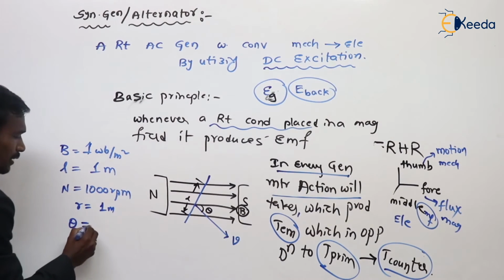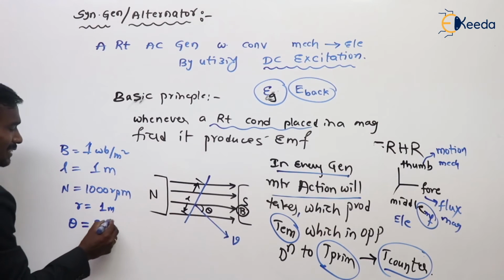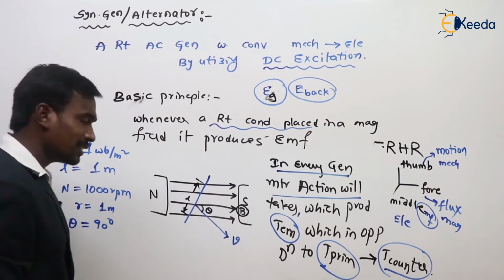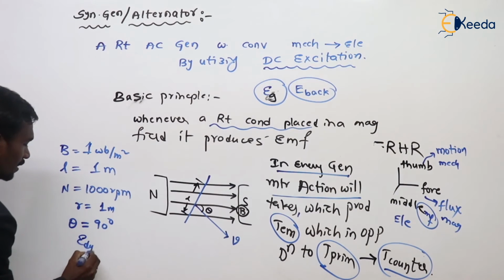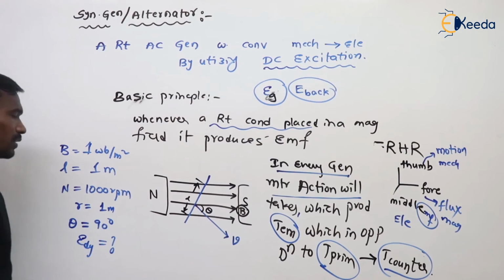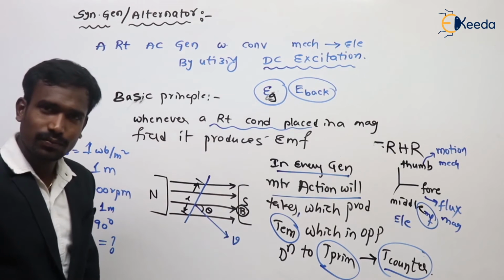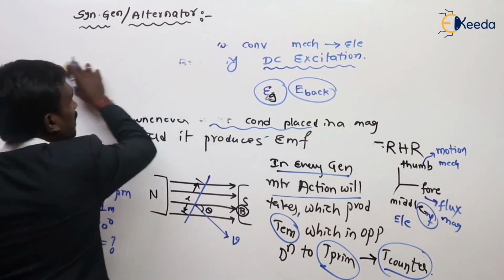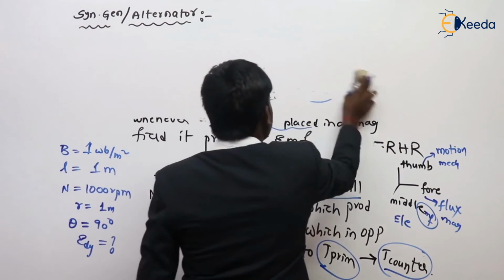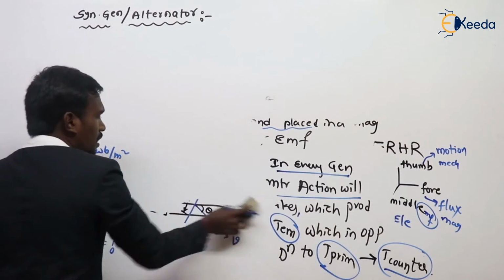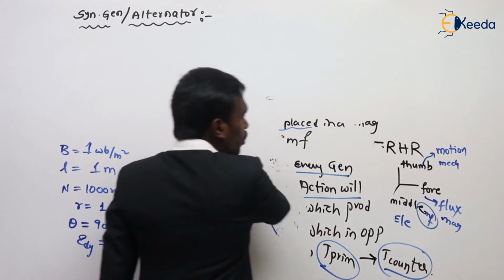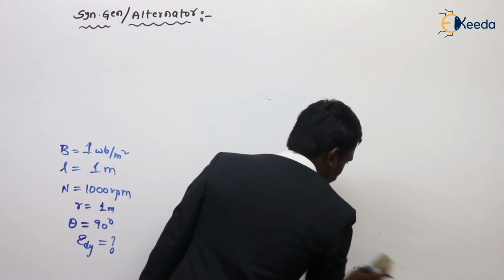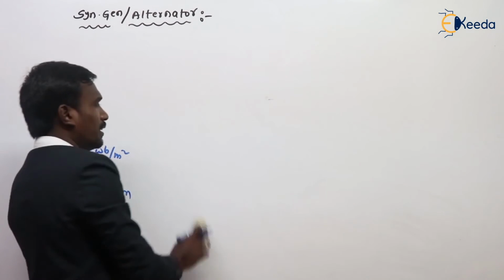And the angle between flux density and velocity is 90 degrees. Then give me the dynamically induced EMF developed in the alternator. This is the question. Give me the answer fast. Hold the video and calculate the question and give me the answer.